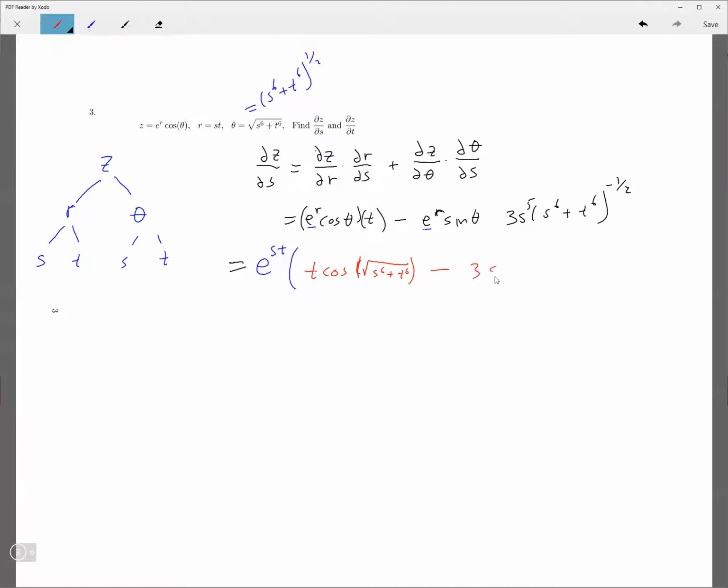So that's 3 s to the 5th sine of the square root of s to the 6th plus t to the 6th, over the square root of s to the 6th plus t to the 6th. Whoa, this is crazy.